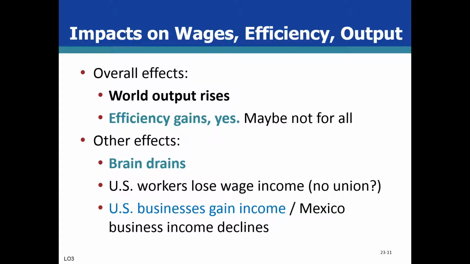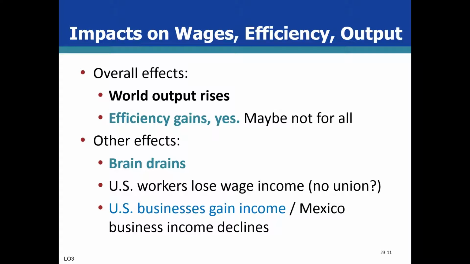So if we stand back from the simplifying assumptions for a moment, we can see that if this was the auto industry, that may not be the perspective that there are gains. That may not be the perspective of the United Auto Workers, if legal immigrants are working in the United States at factories that are not organized by the union, working for a Toyota plant in Texas or a BMW plant in South Carolina that is not unionized.